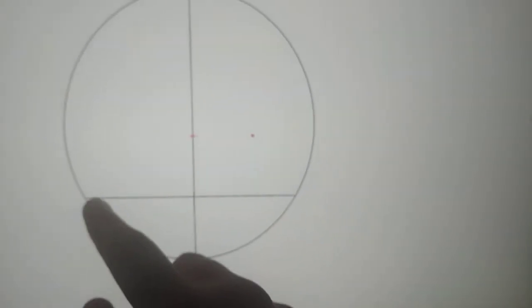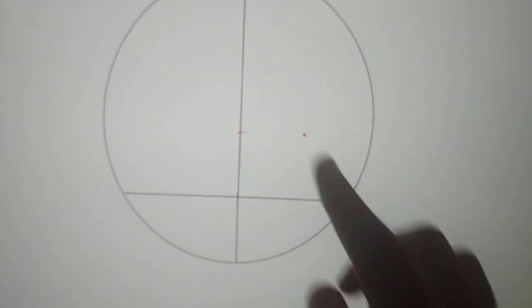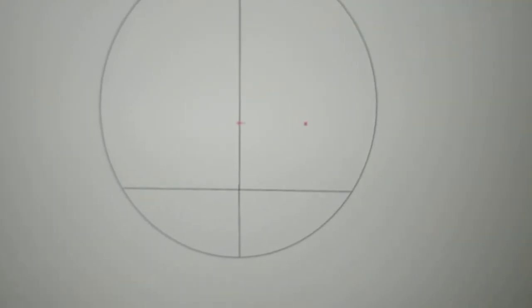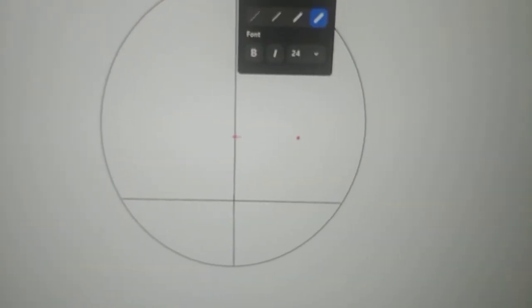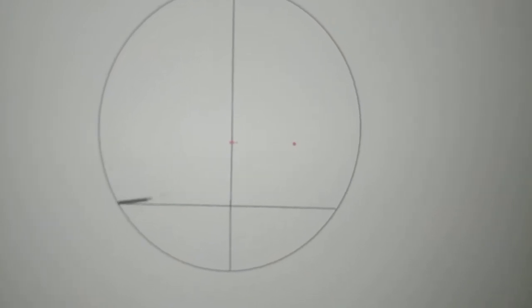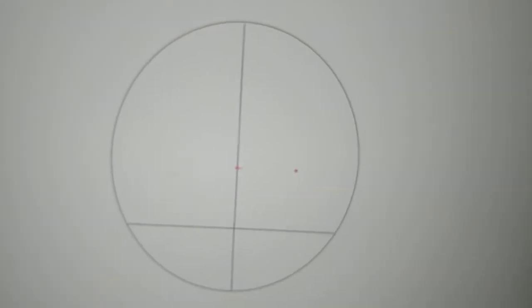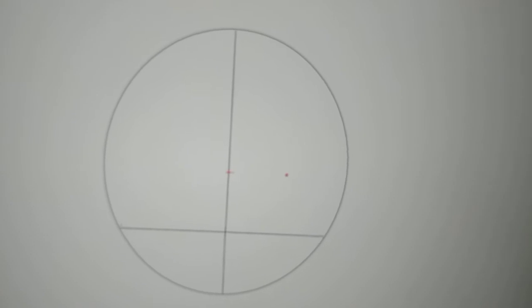What we're going to do is connect from this point to this point, from this point to this point, and from this point to this point. We know that we can connect straight lines, so we're just going to do them.